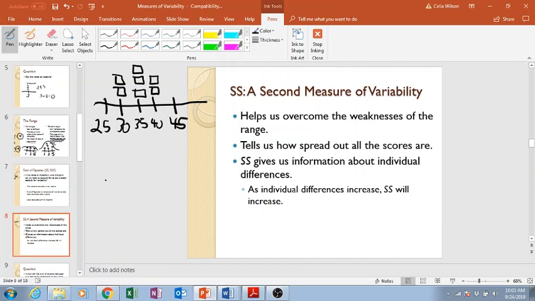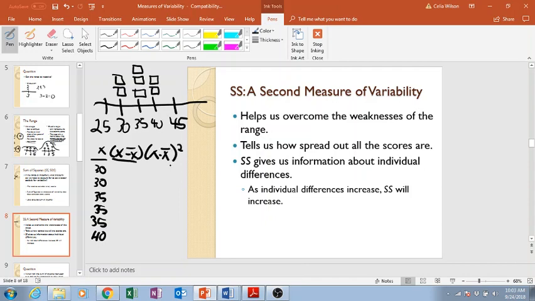Okay, so just for a little more practice, let's go ahead and calculate the sum of squares for that. So I have 30, 30, 35, 35, 35, and 40. All right, so remember, first step is how far each score is from the mean. And then we're going to take that deviation score and square it.